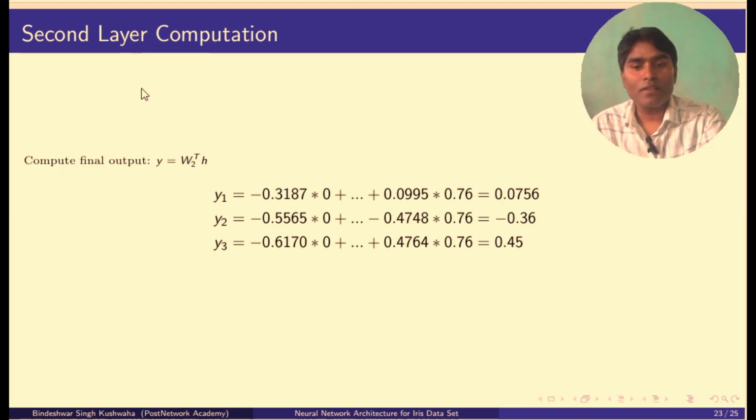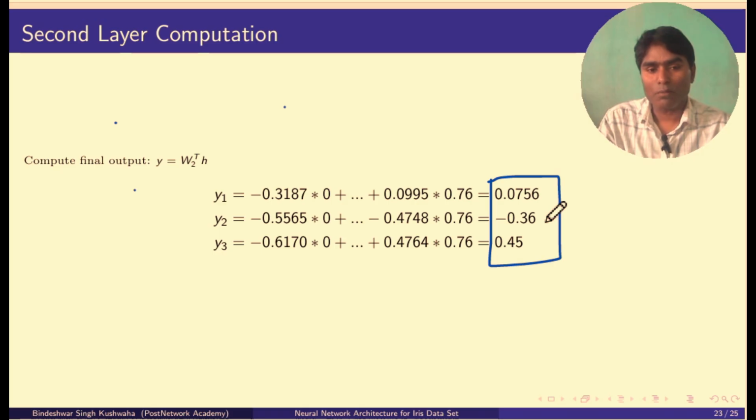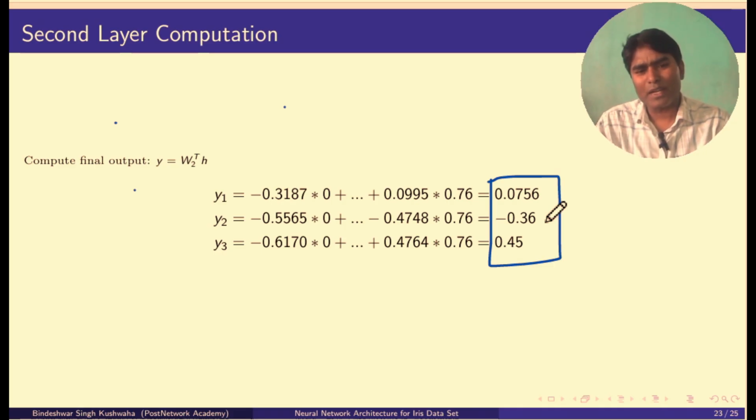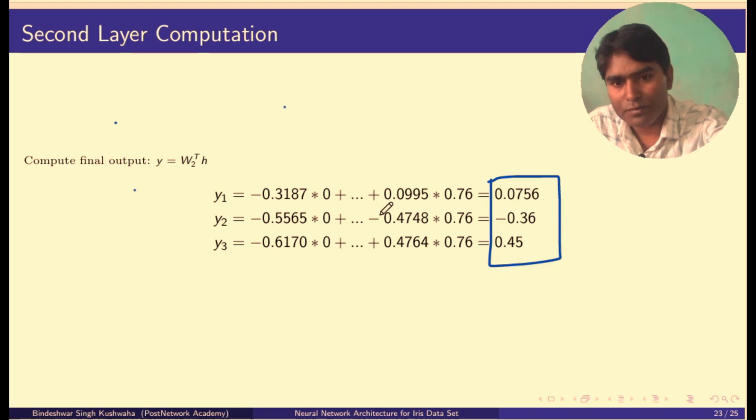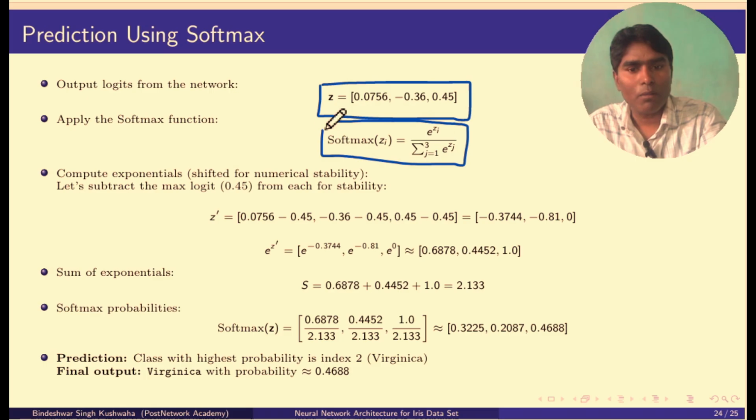Now, at the second layer, you will get this 1 cross 3 output. And finally, we will use softmax, which makes the values go from 0 to 1, because softmax is used for making the outputs probabilities, or proportions. Here is the detailed one, we have got this output and finally applied softmax.